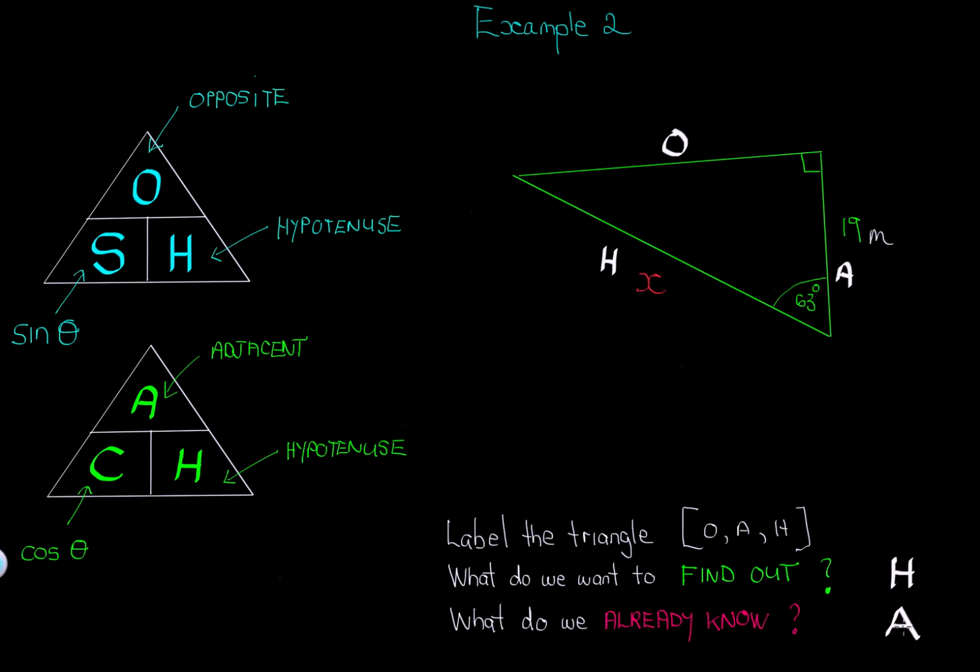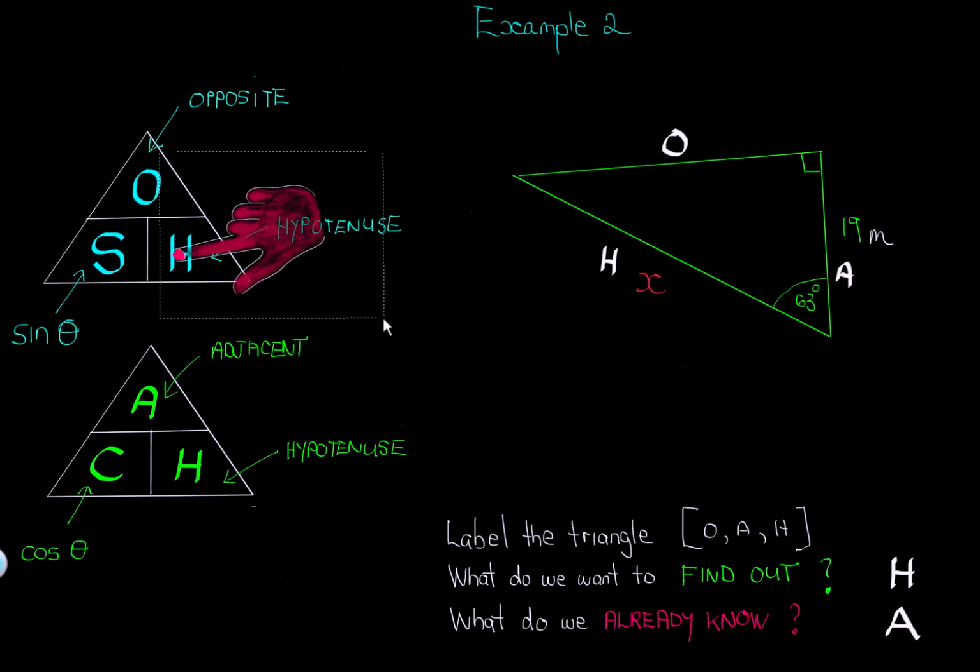So we're trying to find the hypotenuse, and we already know the adjacent. So they're the key letters that tell us which of our magic triangles we need to use. So which of these has the letters A and H in them? Well, it's this one, CAH, the car.